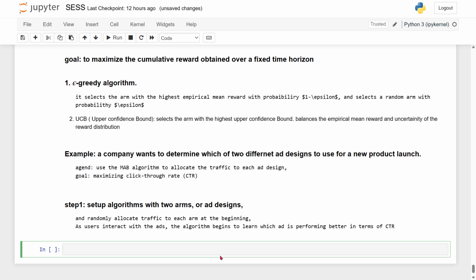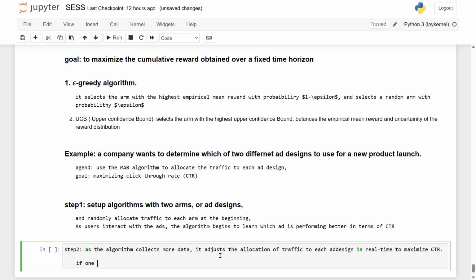As the algorithm collects more and more data, it adjusts the allocation of traffic to each ad design in real time to maximize CTR.